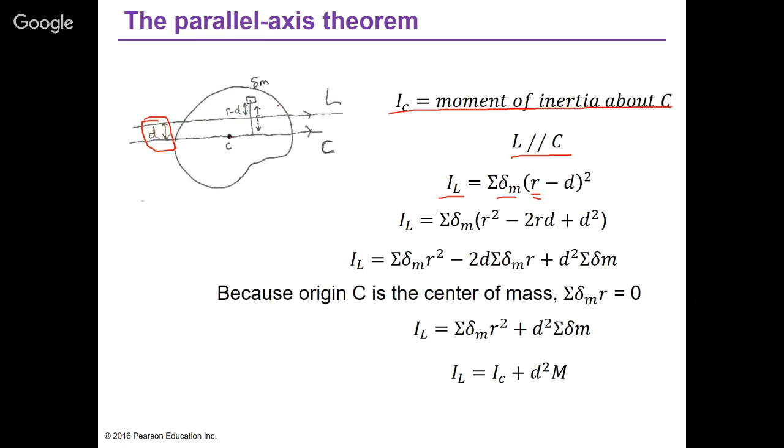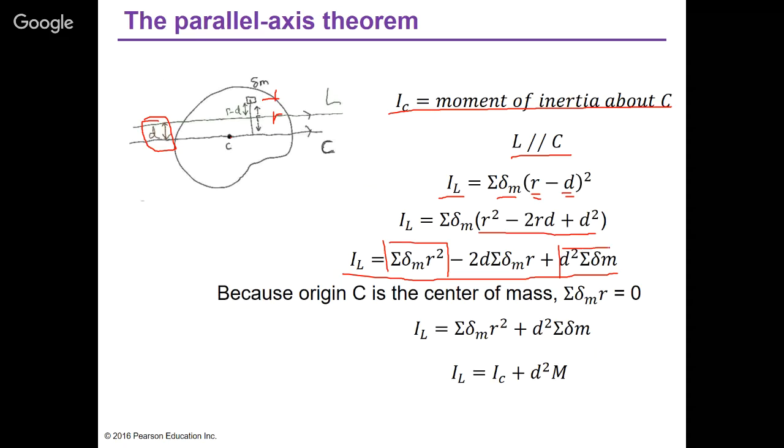So this whole thing here is r, and then it moves up by d, that's r minus d. We expand this term, and we arrive at a moment of inertia with three terms. The first term is the moment of inertia about the C axis.